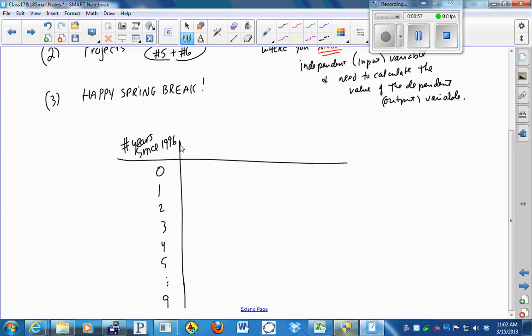And on this side, they were looking at the population, the number of people in millions, and millions is the unit. So 3.89, 3.88, and so on, up to 4.14.